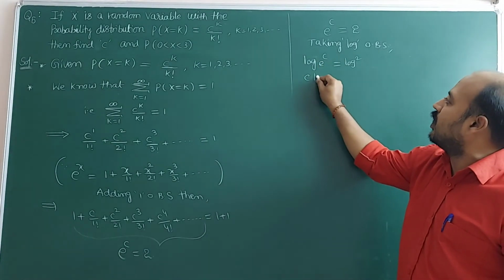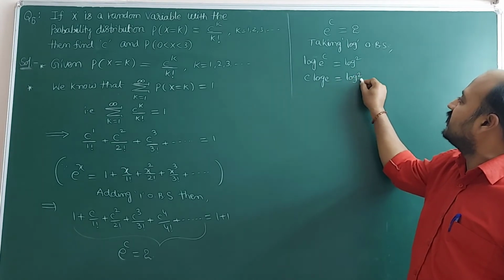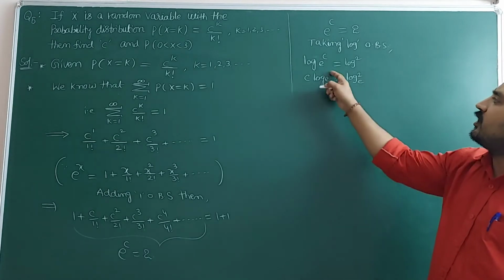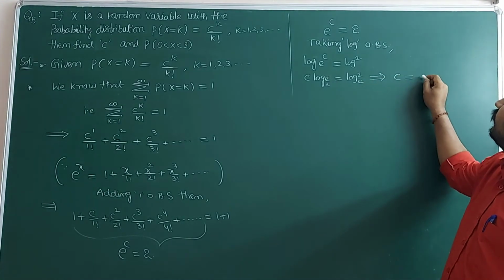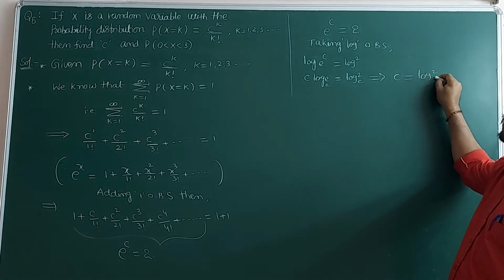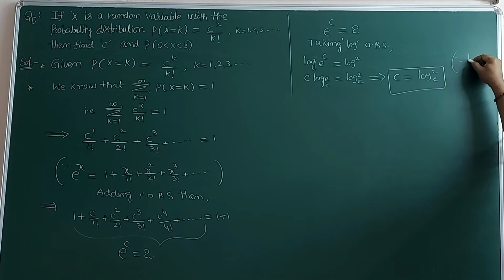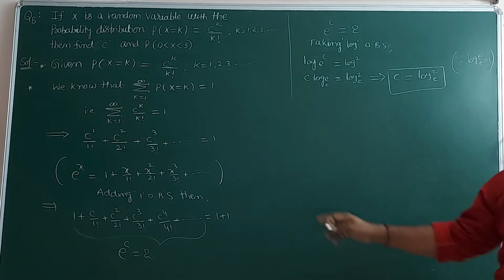So c into log e is equal to log 2. Log 2 means log base e only. Here also base e. Log e to the base e value is 1. So that implies c is equal to log 2 to the base e. Since the value of log e to the base e is 1. So c value we got it. So the first question answer is over.